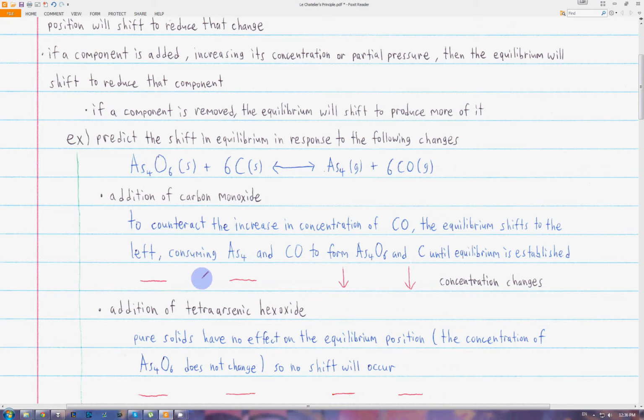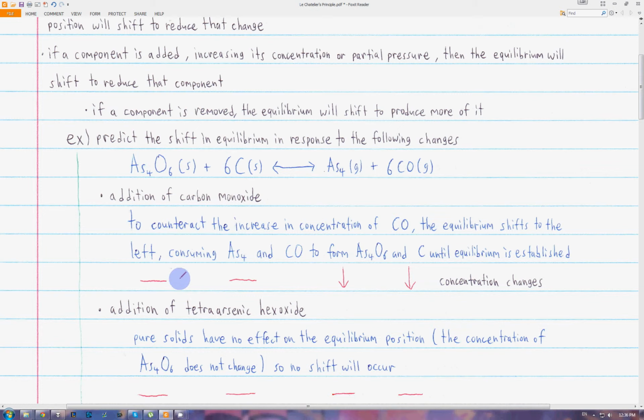So here are the concentration changes of each component. Both products will decrease in concentration since the equilibrium is shifting to the left, while for both reactants, since they're solids, their concentrations don't change. Even though more of them are being created, their concentrations remain constant.